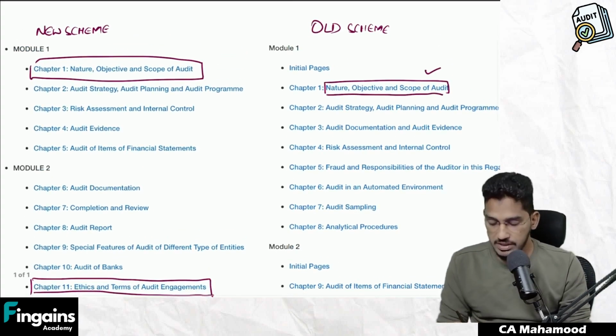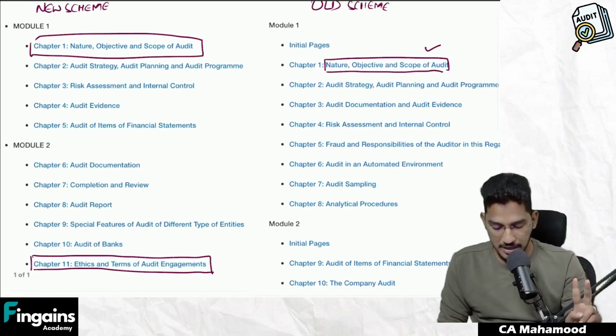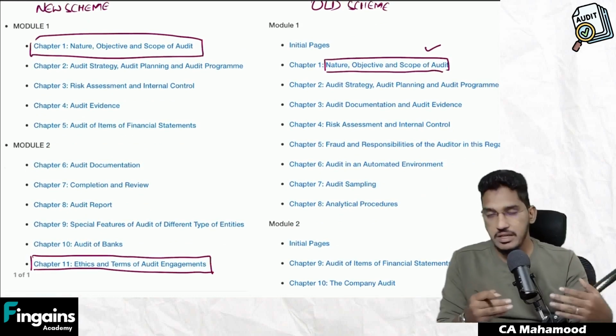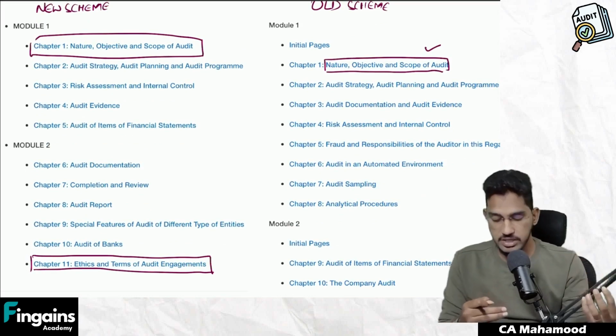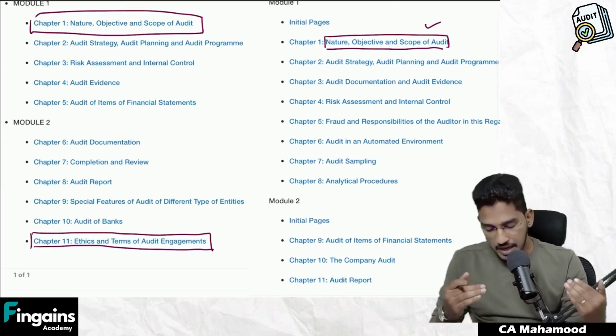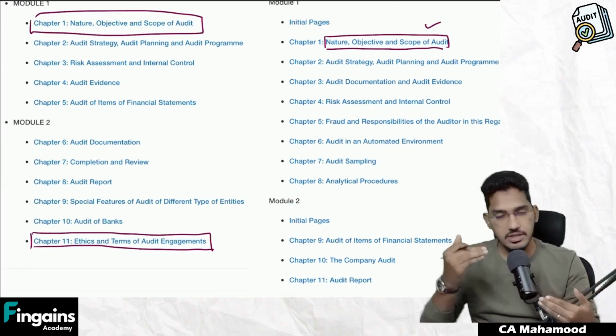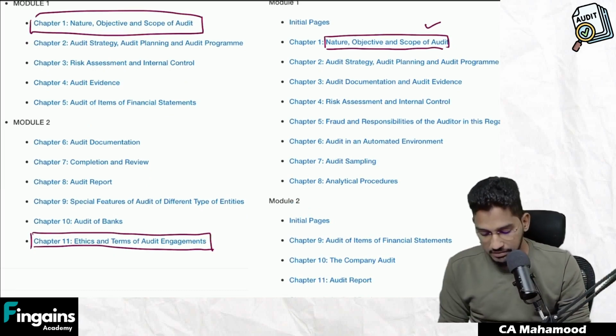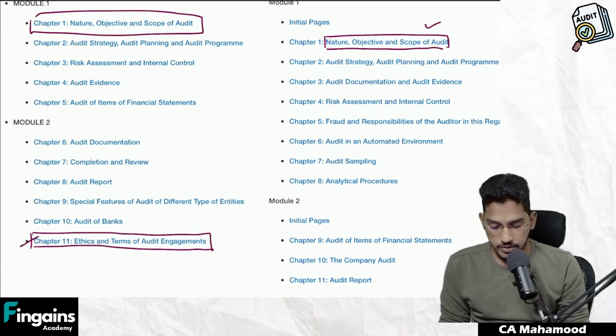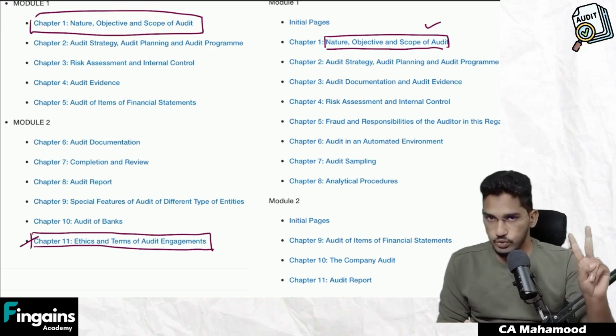In the new scheme, the same chapter has been divided into 2 parts. They have kept one chapter title the same, nature, objective and scope of audit, and they have divided some content from it and given it as chapter number 11, ethics and terms of audit engagement. So this chapter has been divided into 2.